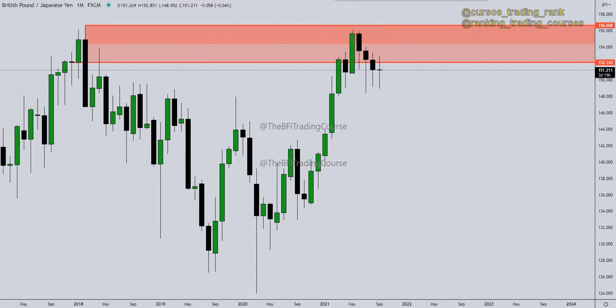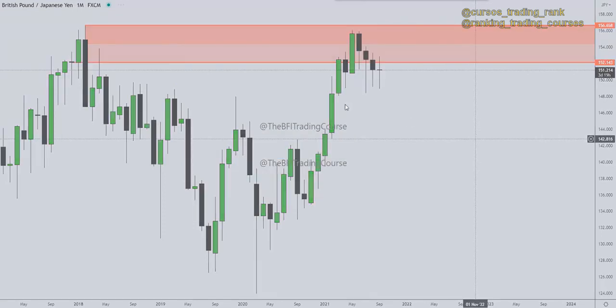Okay, maybe it wipes it, maybe it doesn't, but your job is to react and not predict. Okay, so that is our bias, and after you determine your bias, then you can go on your macro time frame. Some of you use the weekly, so we're going to do it all.